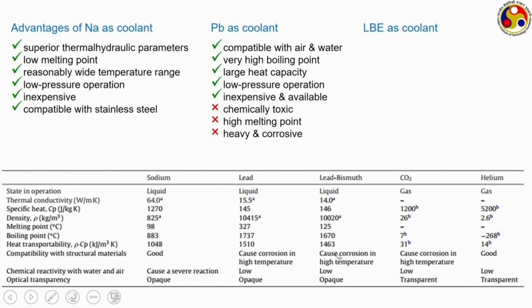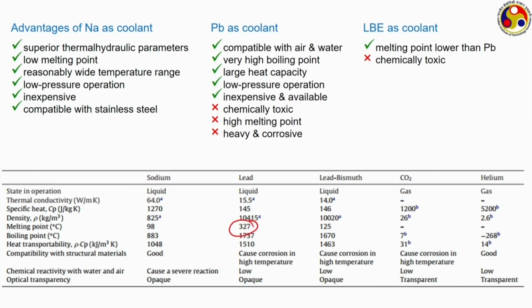And if we talk about LBE, LBE shares most of the issues of lead. From the advantage point of view, its melting point is lower than lead, and that is quite decent.